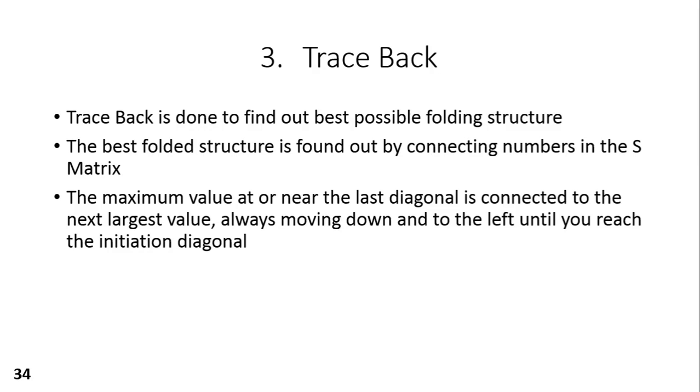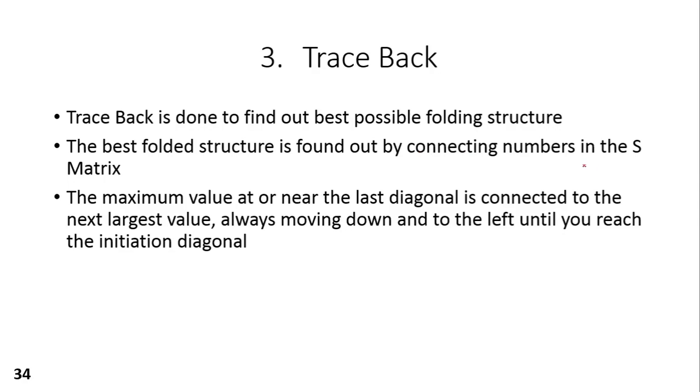So the final step now would be step 3, that is the traceback, or you can say backtracing your S matrix. This traceback is done to find out what is the best possible folded structure. The best folded structure in your S matrix is found by connecting numbers in your S matrix.